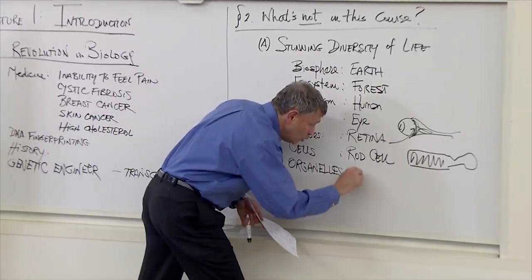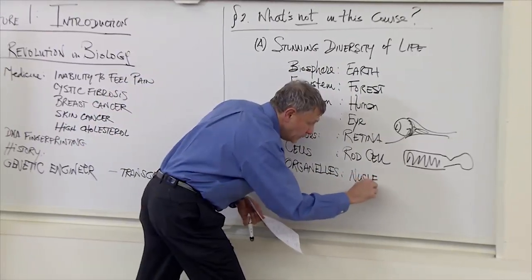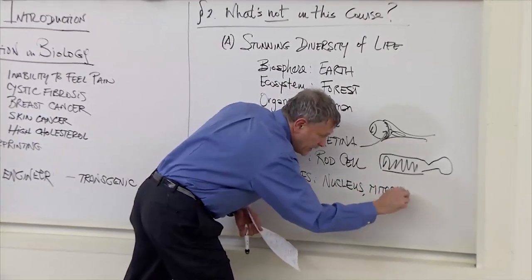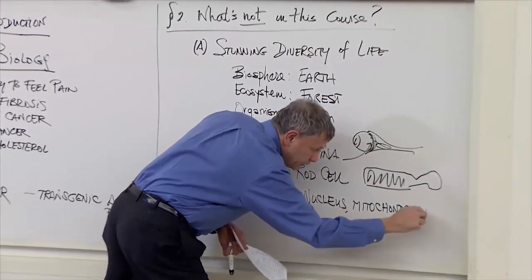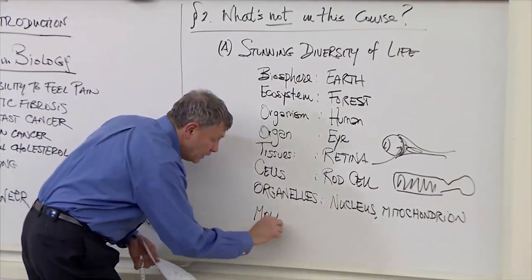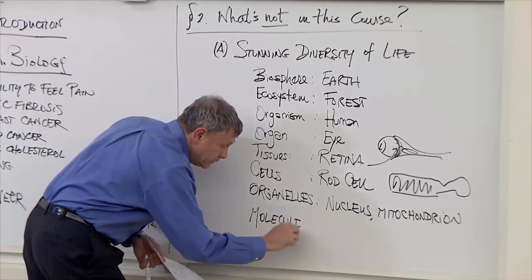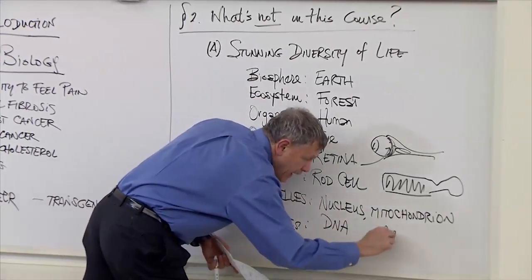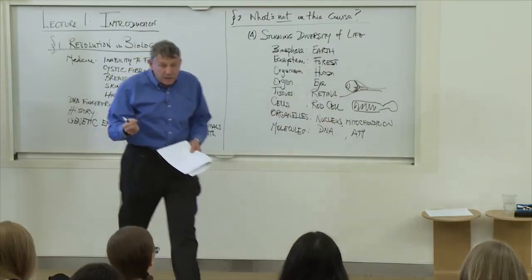You might study the nucleus of the cell. You might study the mitochondrion of the cell. You might decide to study the molecules of life. In the nucleus, the DNA. From the mitochondrion, the ATP.